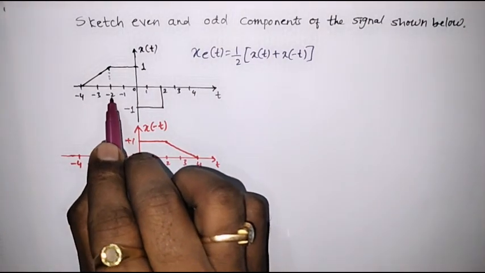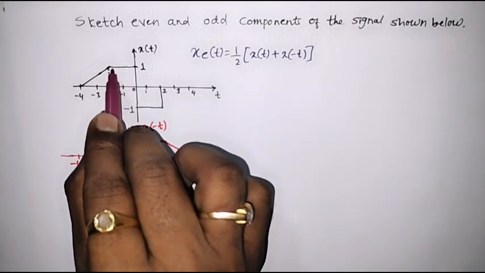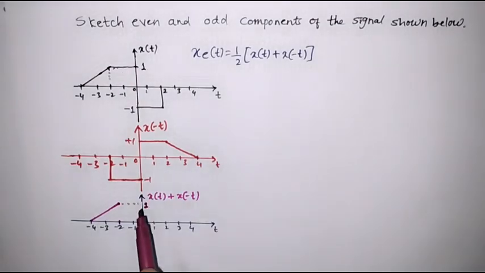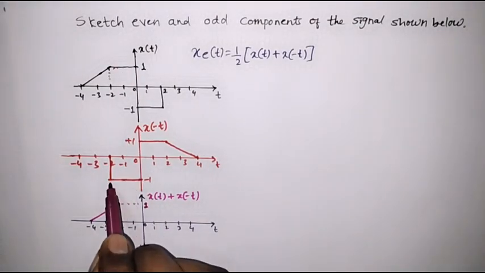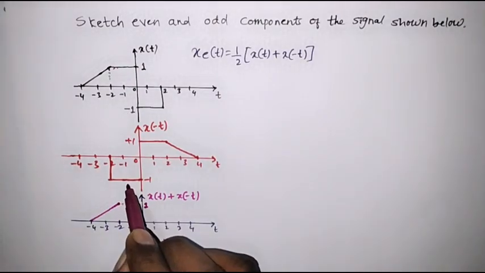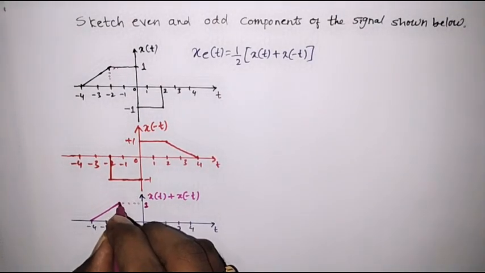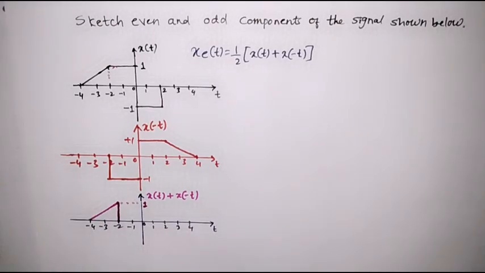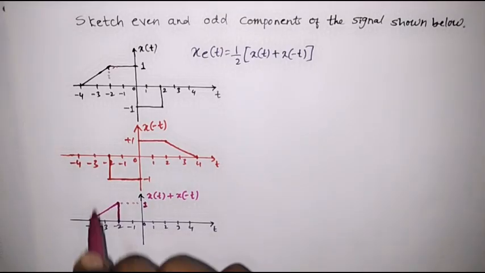Now from minus 2 to 0 the amplitude is constant, that is plus 1, while here from minus 2 to 0 its amplitude is minus 1. So plus 1 and minus 1 will cancel, and the signal will fall to 0. Now the resultant signal looks like this on the left hand side.